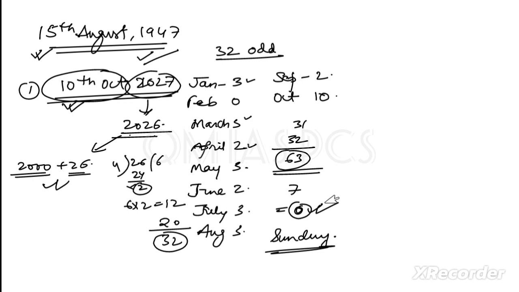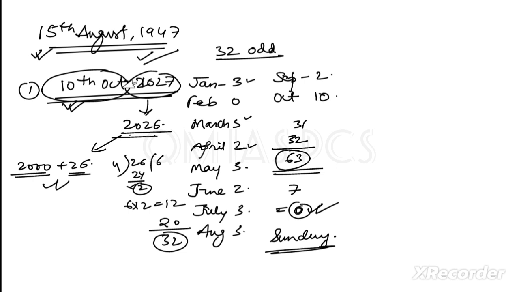Second method is, if you know any particular date, then based on that you can compare. Actually this is a 2021 question, and I think in 2021 the exam was in October itself.